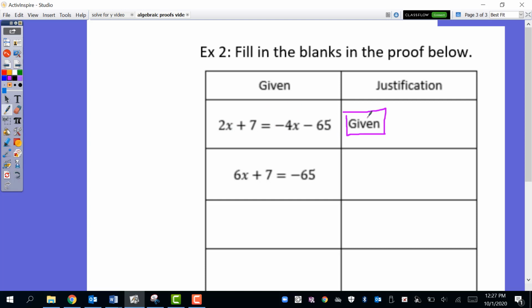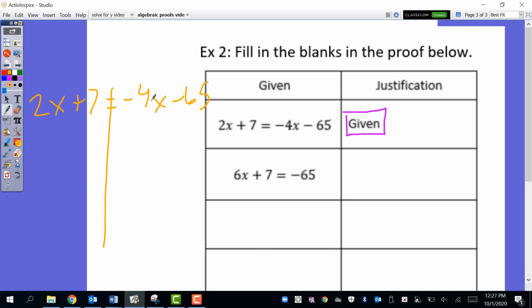Now, if I was going to do this myself, I would take this equation and write it off to the side. So I'm going to write it over here: 2x plus 7 equals negative 4x minus 65. All they want you to do is solve this equation. So that's what they did in here. The first step when you solve the equation is move the x's together.